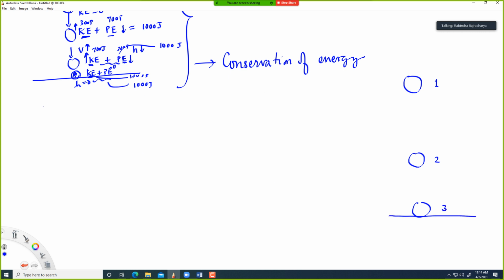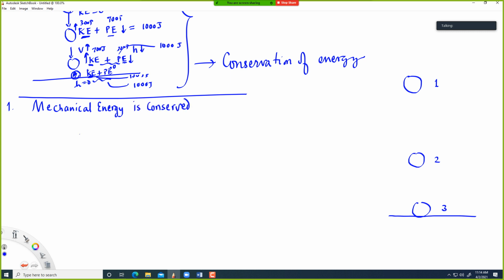So mechanical energy is always conserved. That means potential energy plus kinetic energy at point 1 would be equal to potential energy plus kinetic energy at point 2, assuming that there is no energy loss.